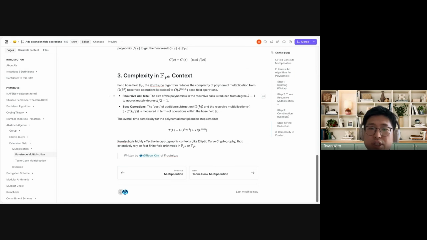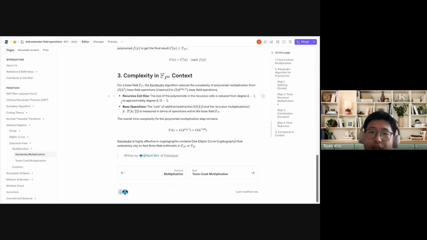If you use this approach for F4, F2 to the 2, or F4 to the 2, you can use it for any quadratic extension field, and this will reduce the multiplication count from O of k squared to O of k to the log base 2 of 3.